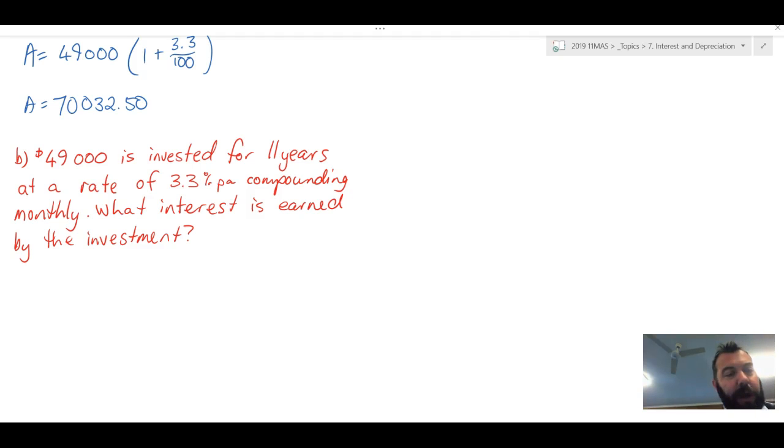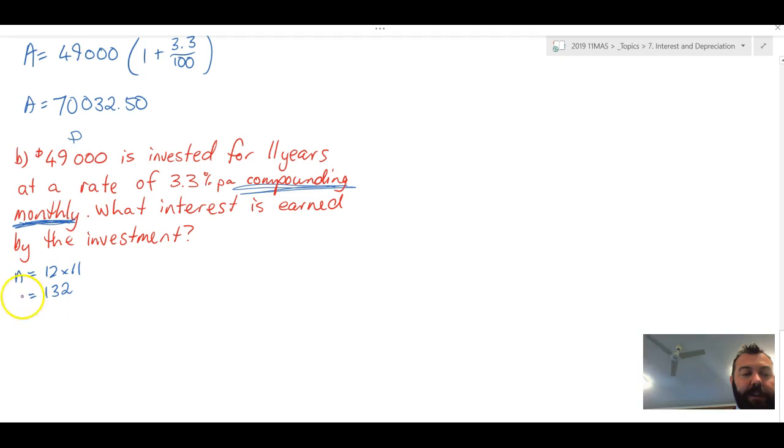And 3B in a lot of ways is very similar to 3A, however, it's much more complicated. Now, the real complication is where it says compounding monthly. That means that my principal doesn't change, but N isn't 11 years, because I'm not compounding it 11 times. I'm compounding it 12 times per year, so it is 12 times 11 equals 132.